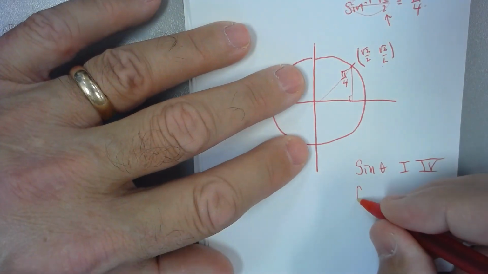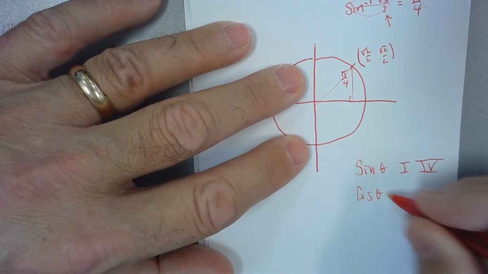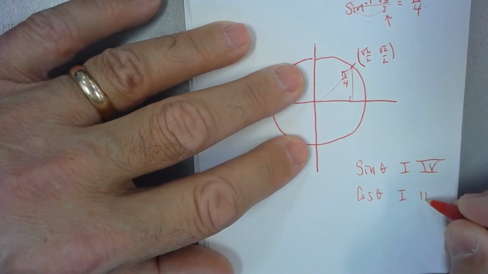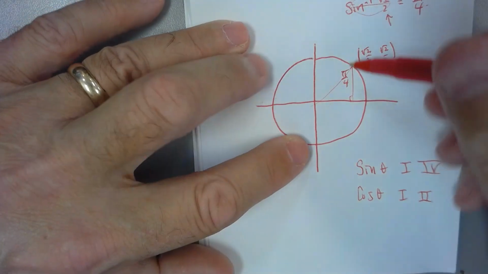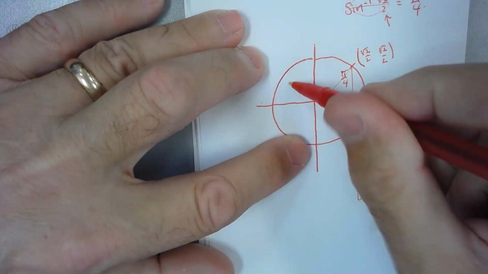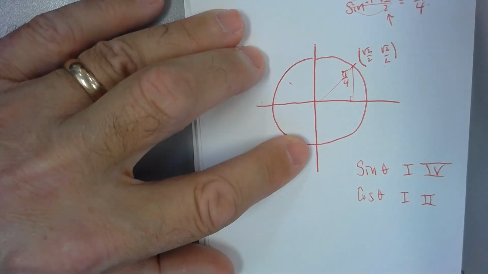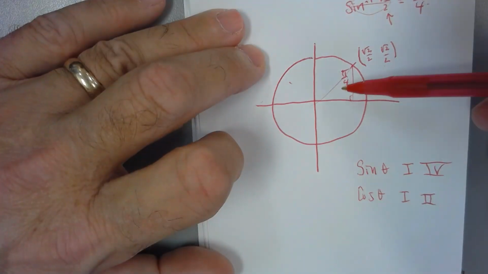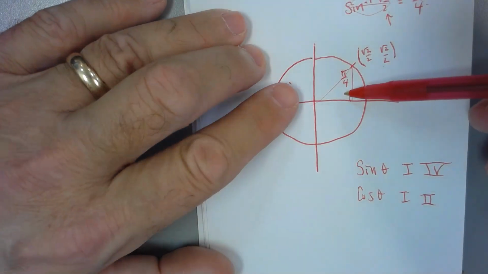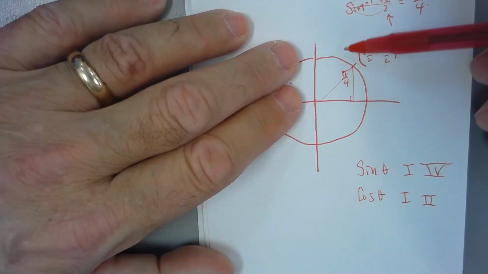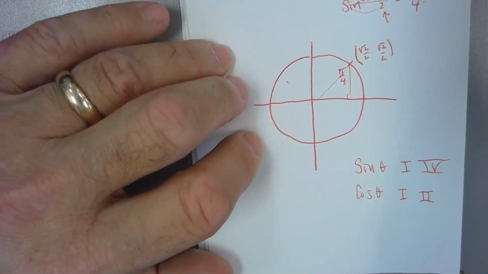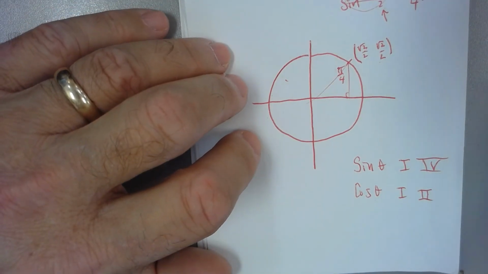For cosine, though, with inverse trig functions, you use quadrants 1 and 2, because those quadrants have positive x values and negative x values. And for 1 and 4, for sine, since it's above the x-axis, they have positive values, and below the x-axis is negative values. Right?